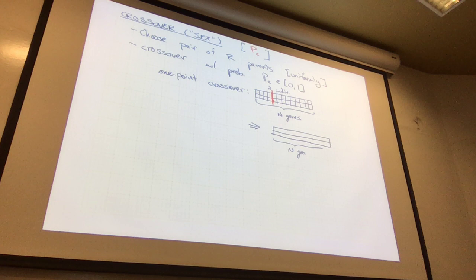This is where the speciation comes into play. You can imagine making this probability of crossover a function of their Euclidean distance in decision space. If they're very far away from each other, it's very unlikely that those two will mate. But if they're very close to each other, they will mate.